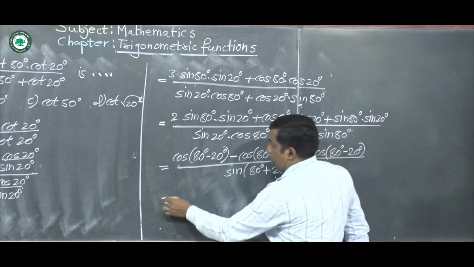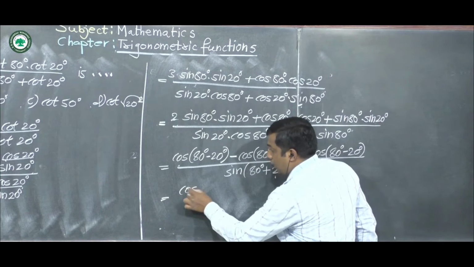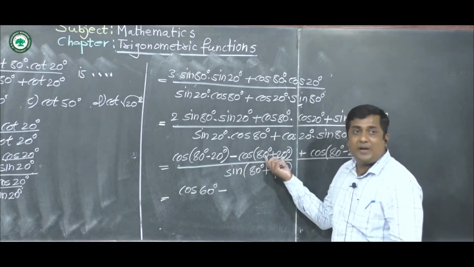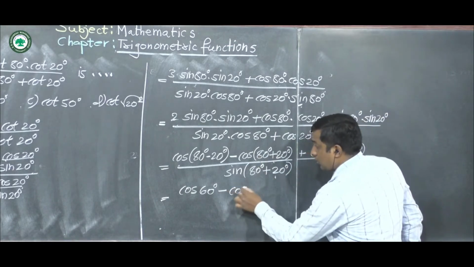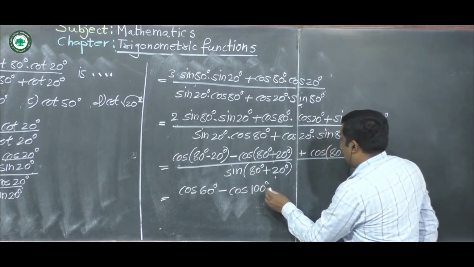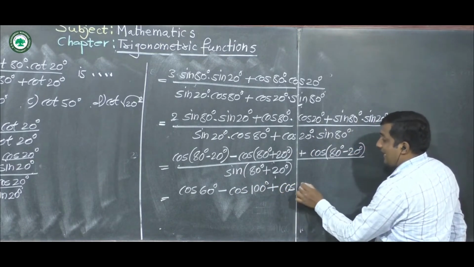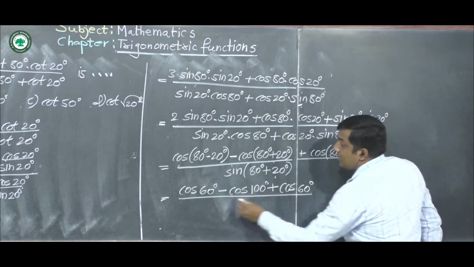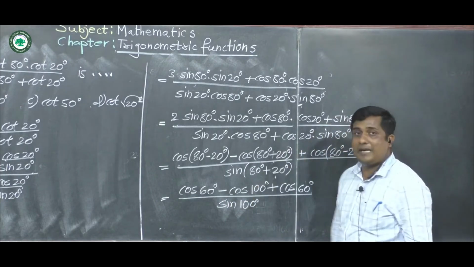Now 80 degree minus 20 degree is 60 degree, so cos of 60 degree, then with minus sign cos of 100 degree. Next plus cos of 80 degree minus 20 degree, which is 60 degree, and this whole divided by sine of 100 degree.